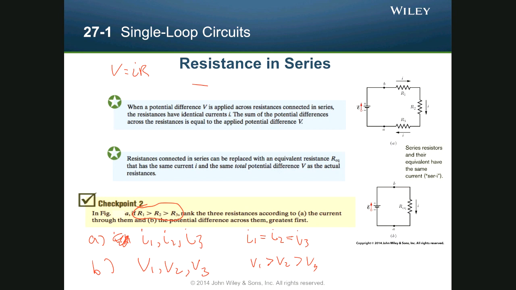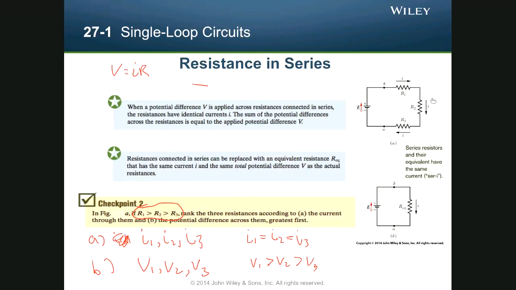Well, the I's are equal because of the definition of series, right? The definition of a series circuit is that the current is established and goes through the whole loop, or the whole circuit. In fact, that's kind of true of every circuit. We'll see that in multi-loop circuits, the current will have places to branch off.